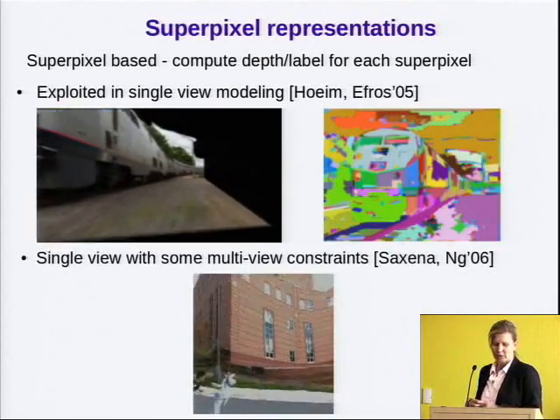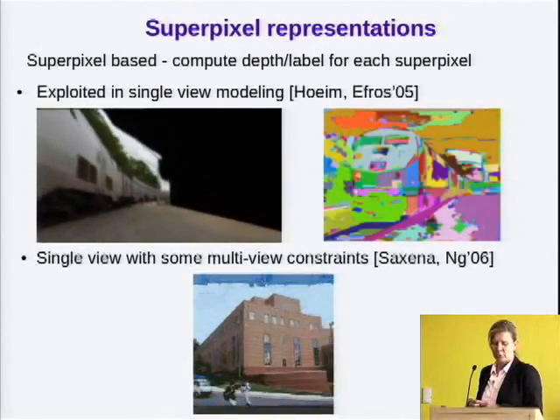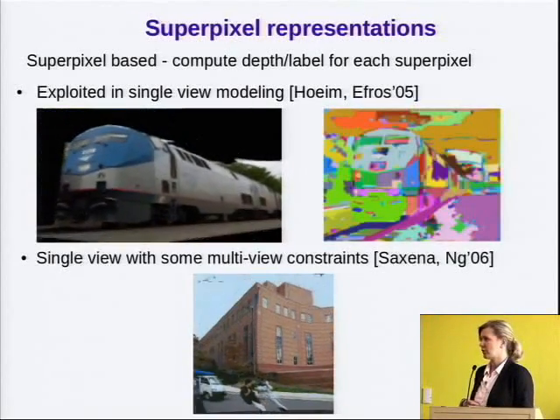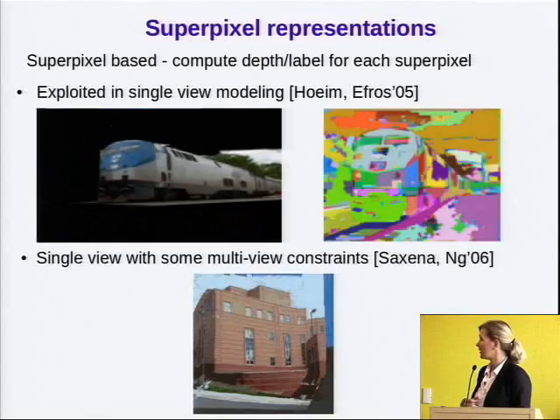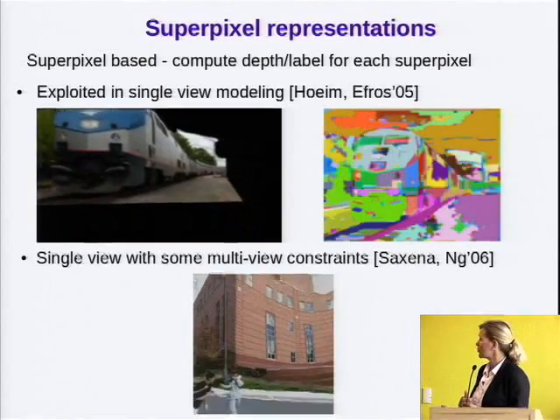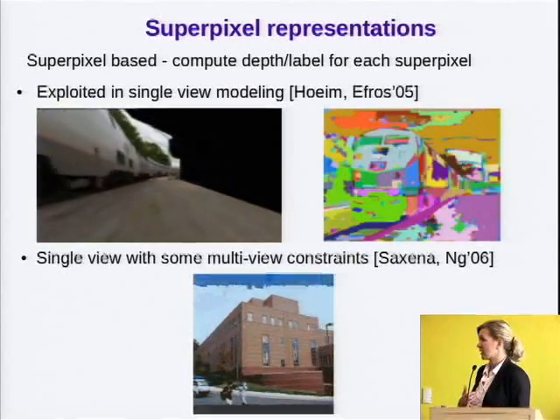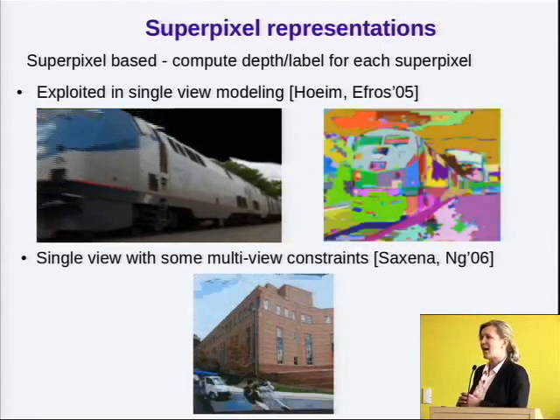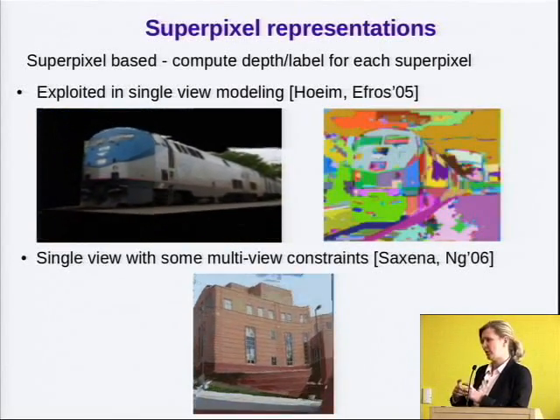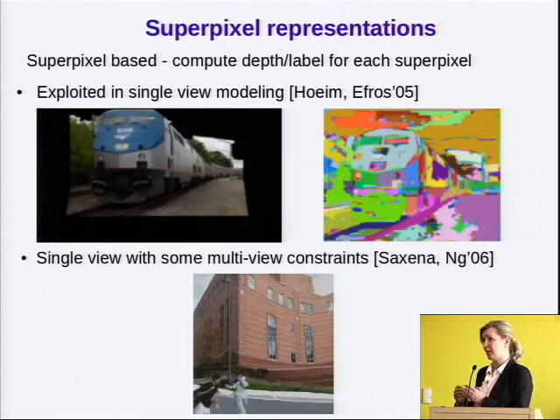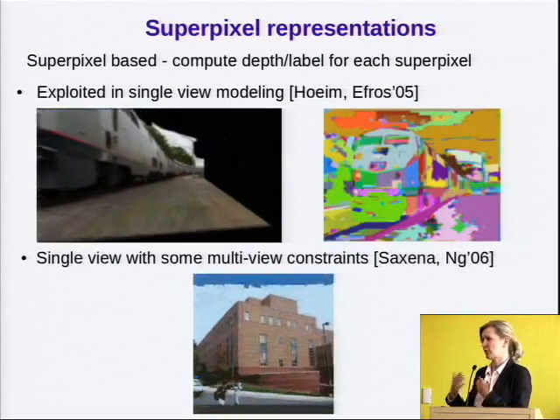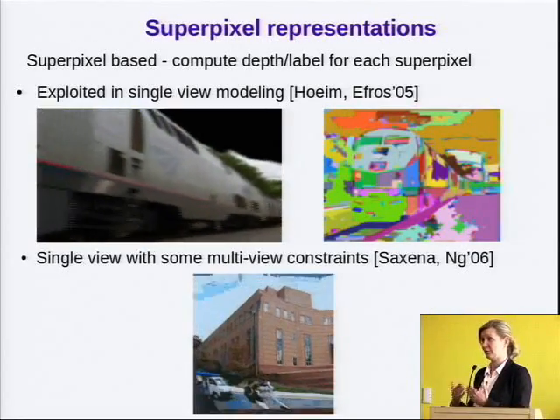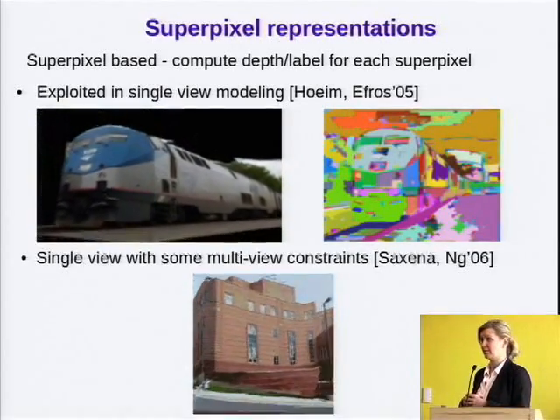The picture on the bottom is an example of the reconstruction achieved by the approach proposed by Ashutosh Saxena and Andrew Ng, where again there is a mapping learned between the appearance of each superpixel and the depth, which then enables you to estimate the posterior probability of a depth given the appearance of the superpixel.